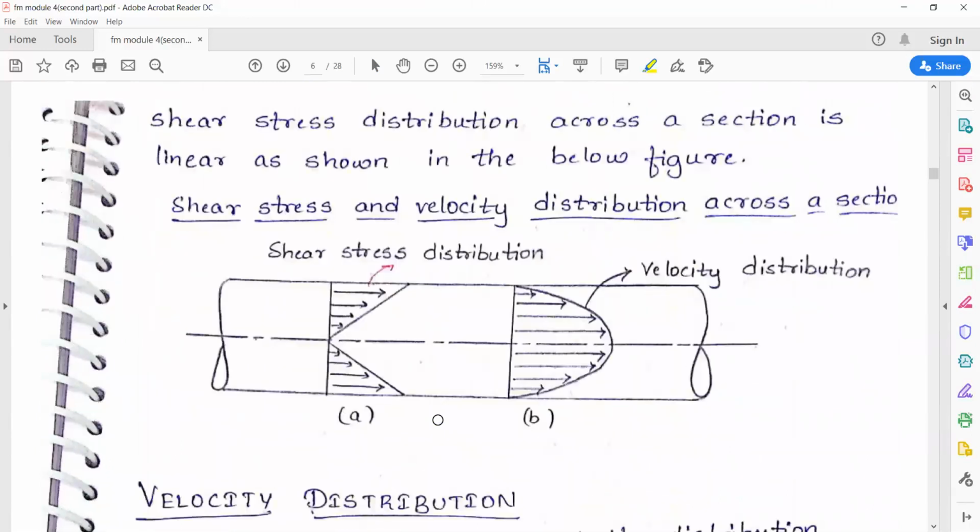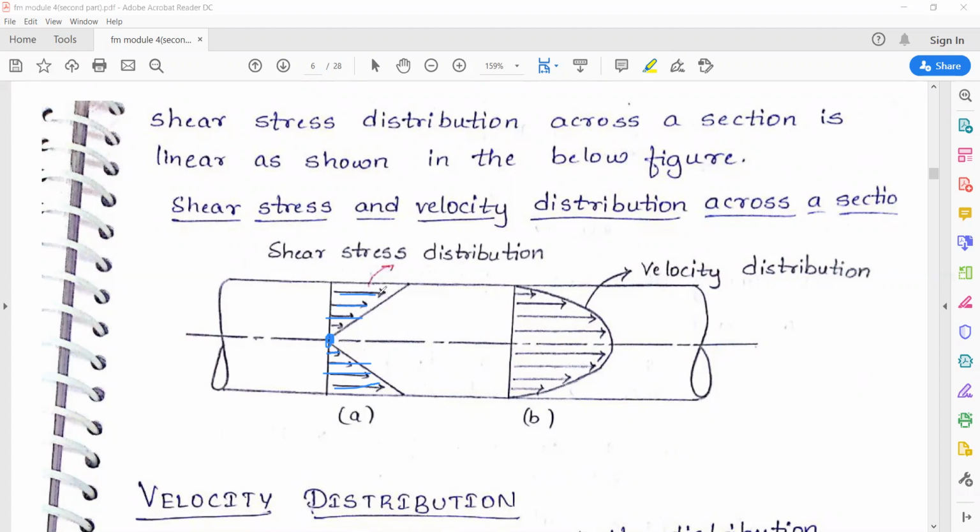How the shear stress and the velocity distribution take place when the fluid passes through any circular channel is discussed with this diagram. You can understand that the shear stress is 0 at the center, and it increases from the center towards the surface, because near the surface the frictional resistance to the flow of fluid is maximum.